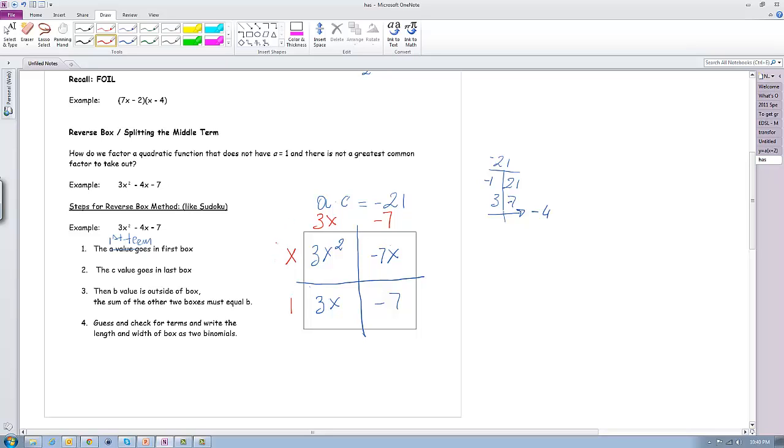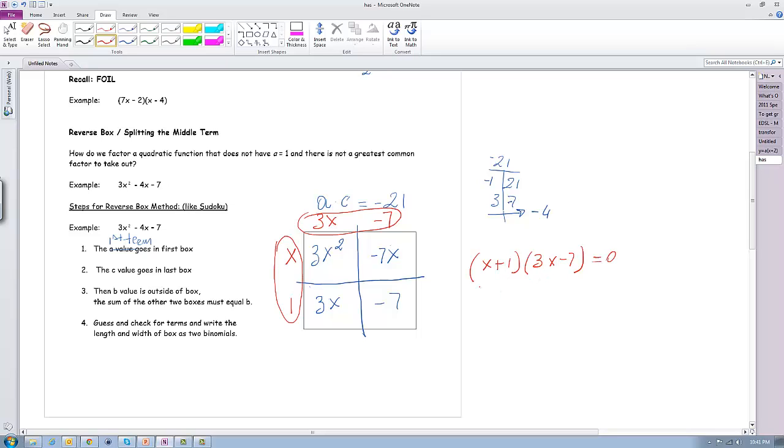You're basically done at this point. Once you've done this, you can look at these two binomials and rewrite the original equation as x plus 1 times 3x minus 7 equals 0.